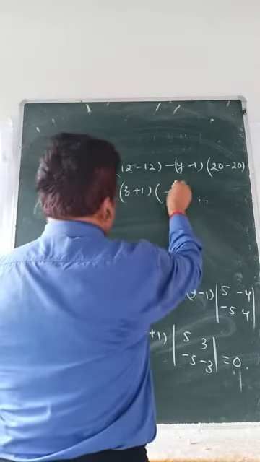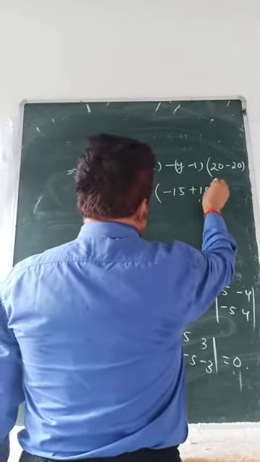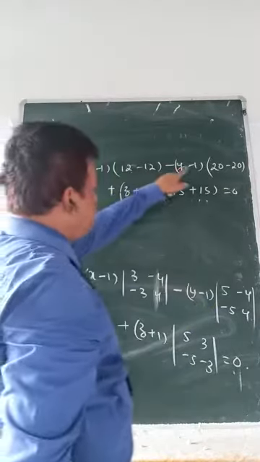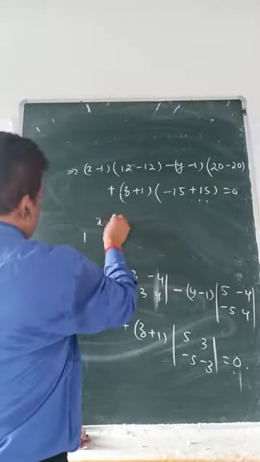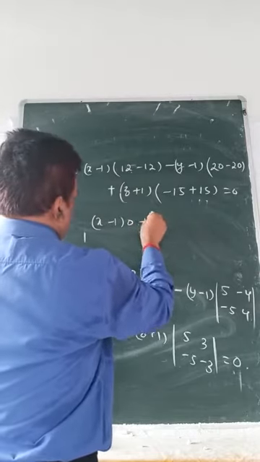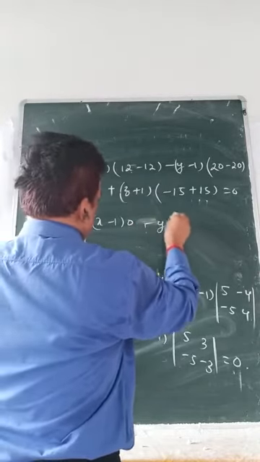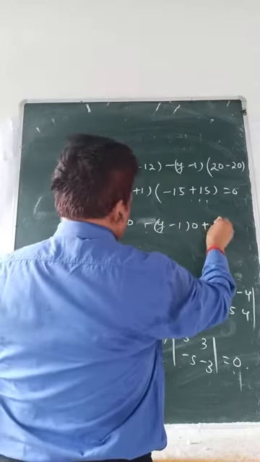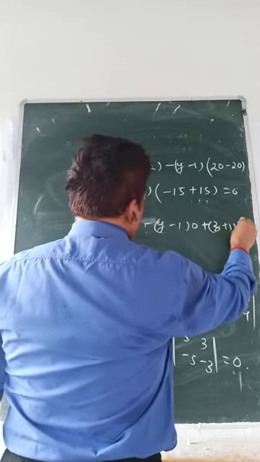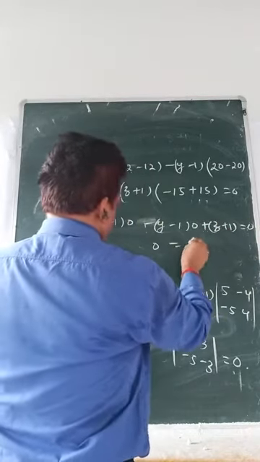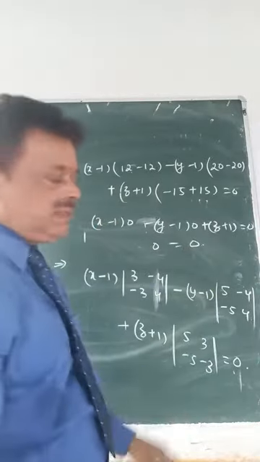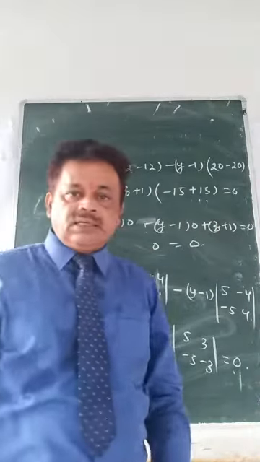Everything becomes 0. That means x minus 1 times 0, minus y minus 1 times 0, plus z plus 1 times 0 equals 0. Everything becomes 0, meaning x, y, z do not exist here.